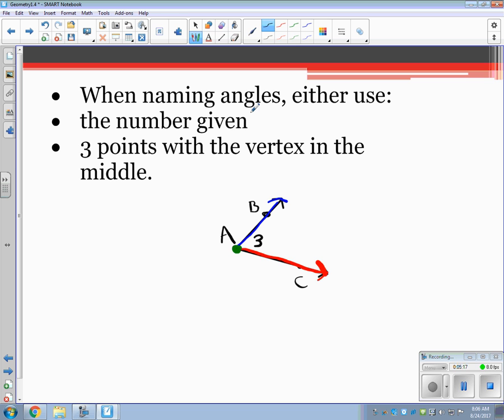So when naming angles, either use the number given. So our number is 3, which is the one I chose. So the angle symbol looks like this, kind of like an acute angle. So angle 3 is one name, or three points with the vertex in the middle. And we've already identified that our vertex was point A, so I could call this one angle BAC, or it would be appropriate to go the other way and call it CAB.